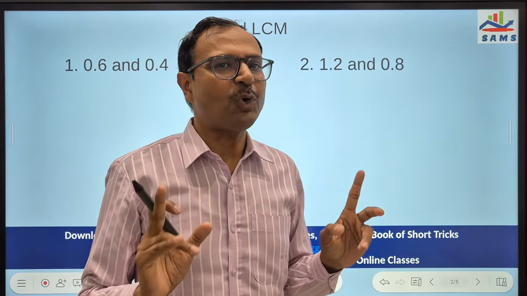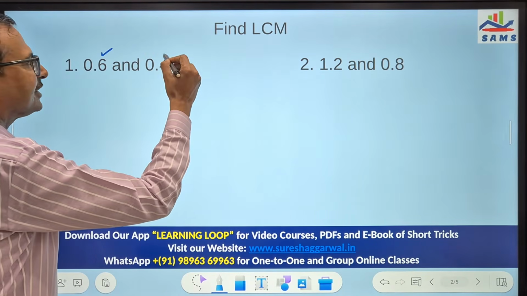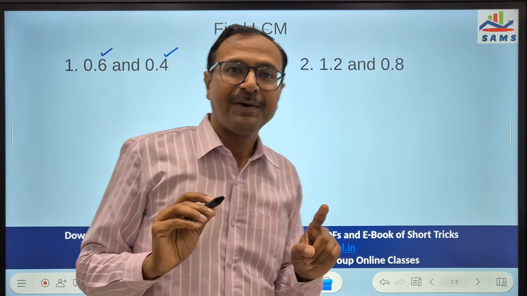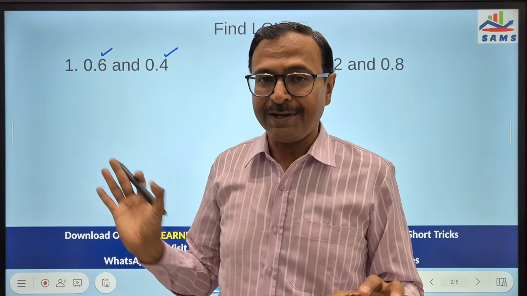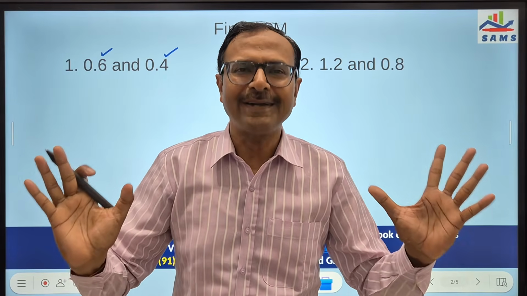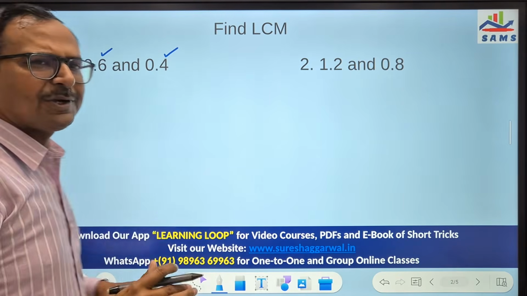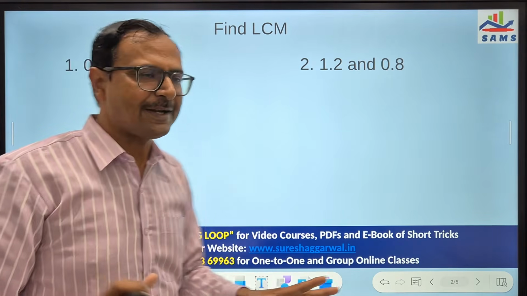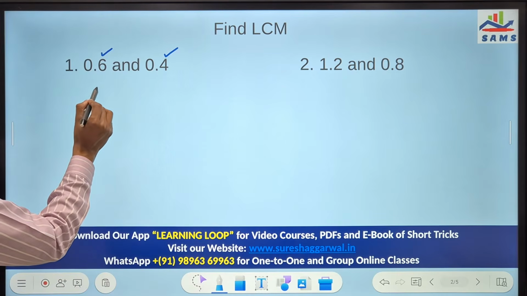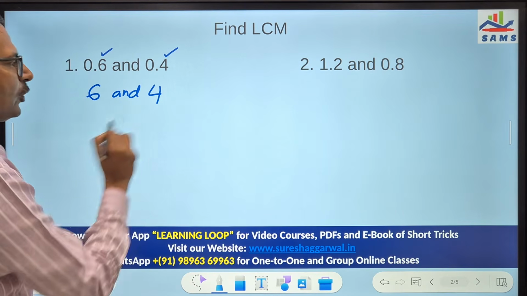So the first thing I have to observe in decimals is how many digits it has after decimal. If the numbers in the question have an equal number of digits after decimal, just forget the decimal. Okay, so here 1 digit and 1 digit, equal number of digits, just forget the decimal. So this is 06, which is just 6, and this is 04, which is just 4.